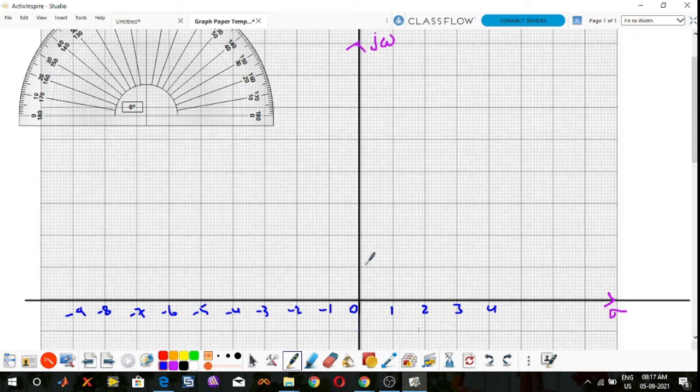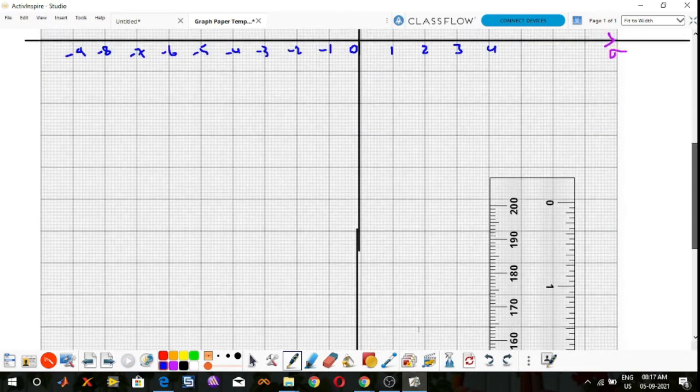On the positive imaginary axis the scale is +j1, +j2, +j3, +j4, +j5, like that. On the negative imaginary axis, -j1, -j2, -j3, -j4, -j5, -j6, like that up to minus infinity.